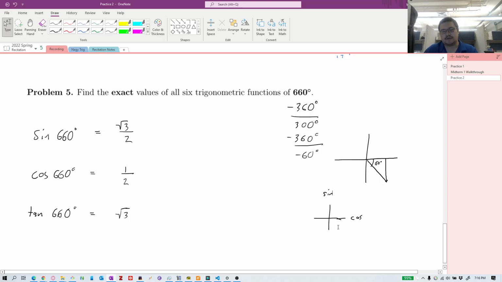Okay. So the quadrant we're actually thinking of is this one, the fourth quadrant. And so cosine is positive, but sine is negative. So we need to have the negative. I'll do it in a different color just to emphasize. This one needs to be negative, and then the tangent needs to be negative, because the tangent is sine over cosine.